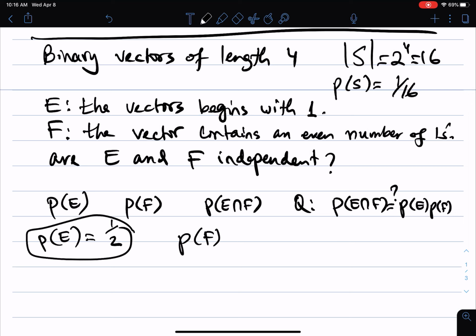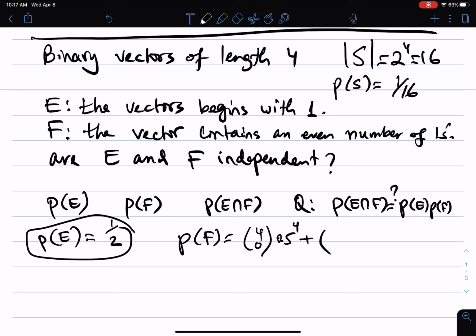What's the probability of F? The probability that the vector contains an even number of ones. What are the vectors that contain an even number of ones? The vector can have zero ones, because that's an even number. So 4 choose 0 is the number of vectors that have 0 ones, choosing 0 positions for these ones, times 0.5 to the fourth, the probability of each such vector.